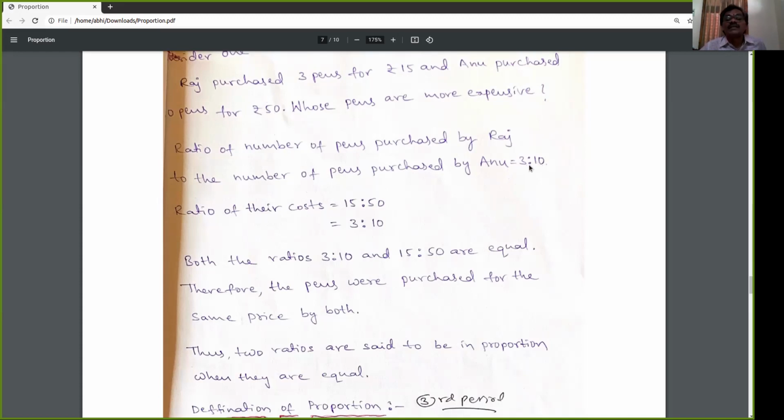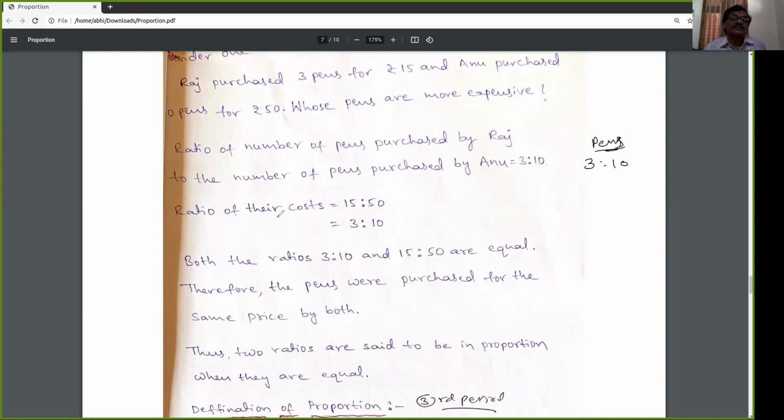So the ratio is 3:10. Here, the ratio of the pens of the two persons is 3:10.